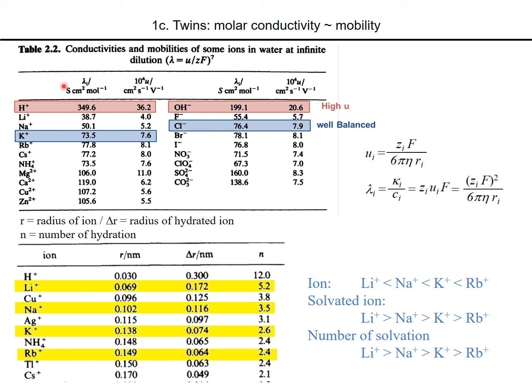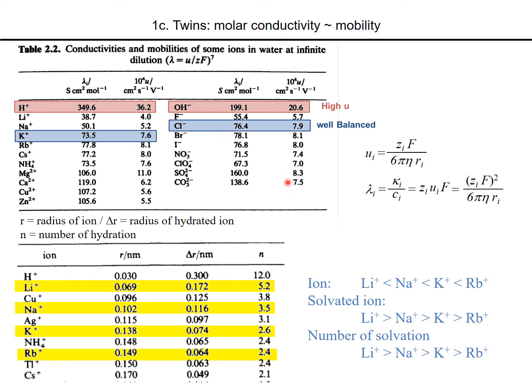In the left compartment, you could find cations. Here on the upper side you have only 1 plus cations, and the bottom side has 2 plus cations. On the right side of this table, you have anions with 1 minus and also 2 minus.